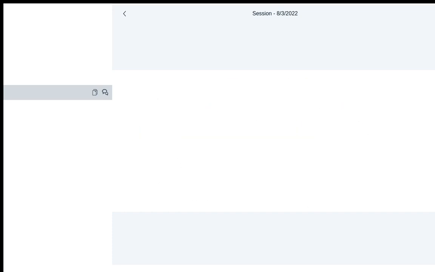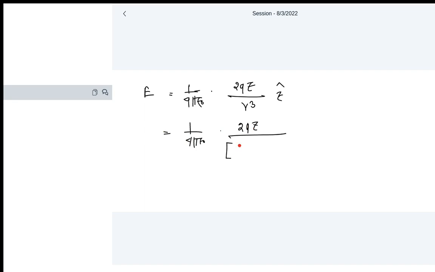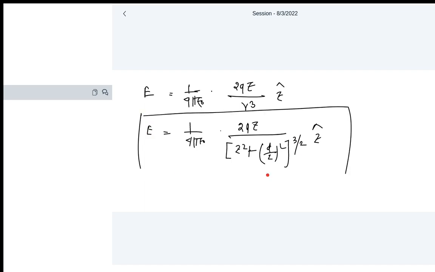So finally, the resultant electric field is E equals 1 upon 4 pi epsilon naught 2qz upon R cube Z cap. R cube is nothing but Z square plus d by 2 whole square to the power 3 by 2, Z cap. So this is the expression of electric field for the overall system.